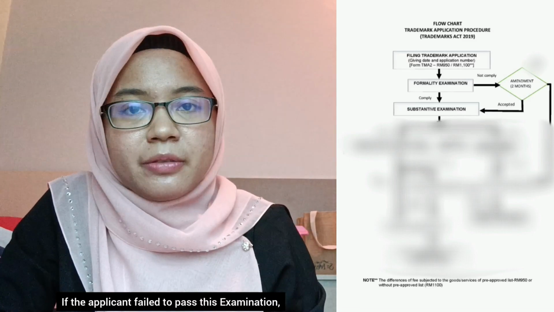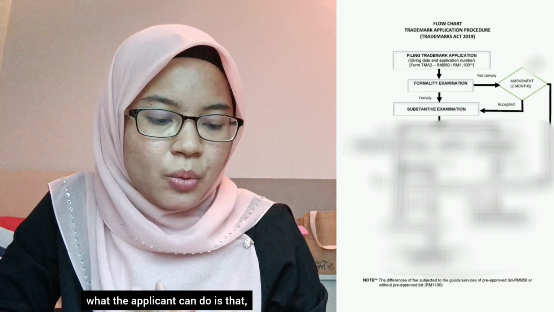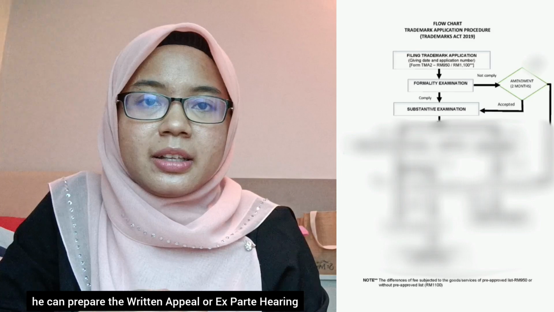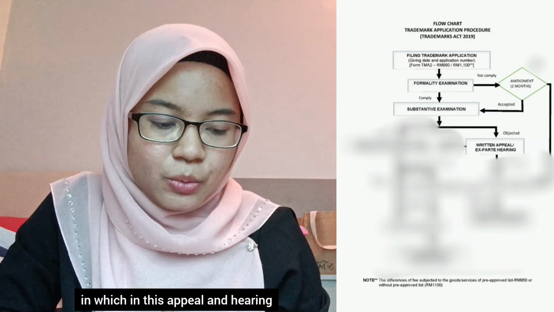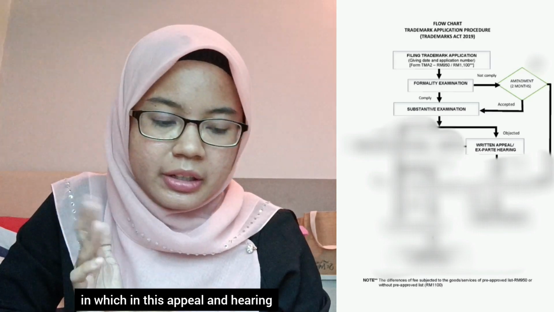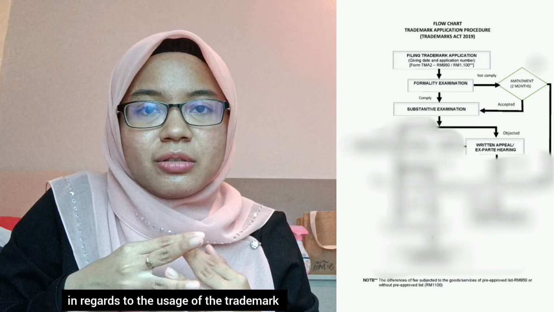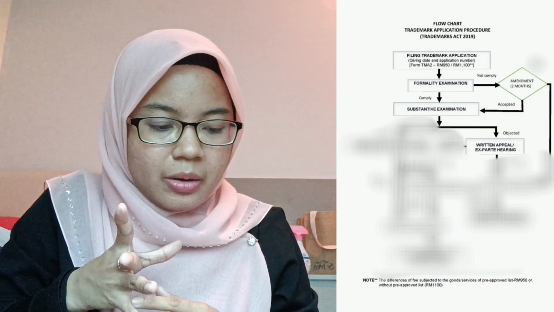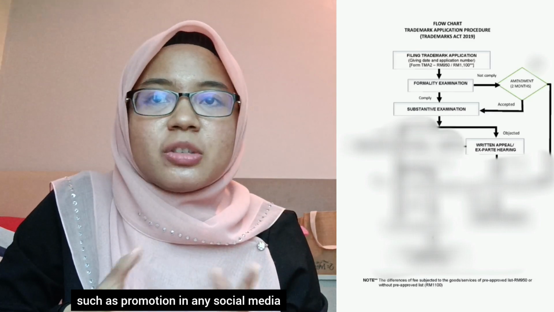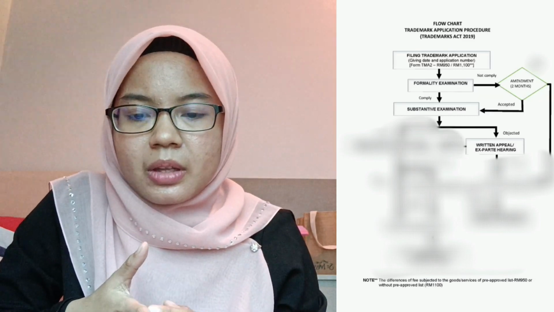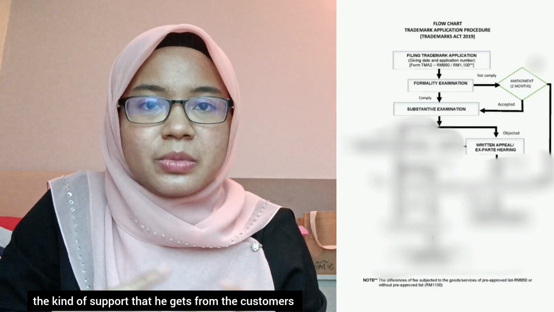If the applicant fails to pass this examination, the applicant can prepare a written appeal or ex parte hearing, in which the applicant can provide all the evidence regarding the usage of the trademark, such as promotion on social media, or the kind of support that he gets from customers.